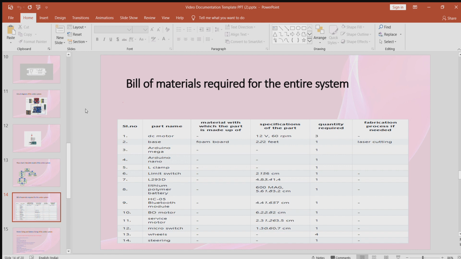Arduino Mega for lane and Arduino Nano for car. L clamp to fix the obstacles. Limit switch, L293D, lithium polymer battery. HC05 Bluetooth module, BO motor, servo motor, micro switch, wheels, steering. This all are used for building of the car.